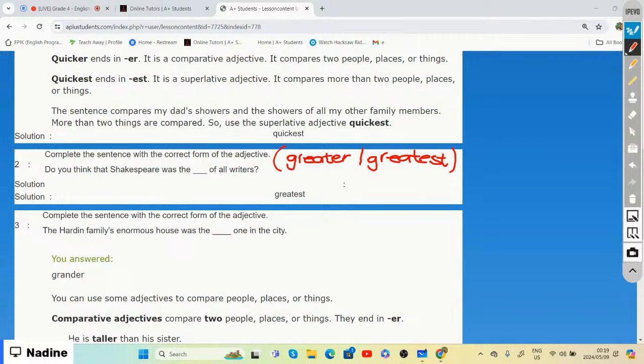Shakespeare is being compared to all of the writers. So is that going to be a comparative adjective or a superlative adjective? Is our answer going to be a greater writer or greatest writer?